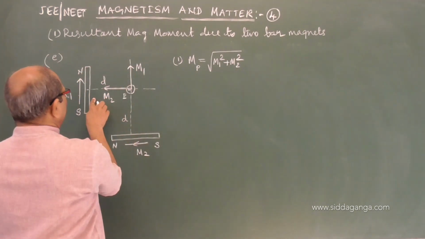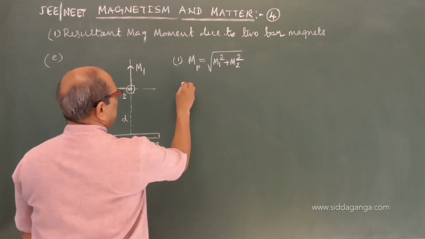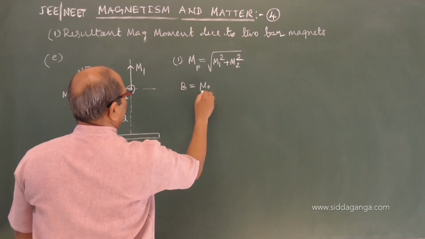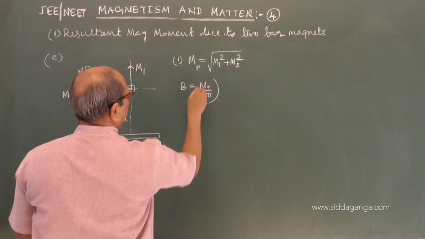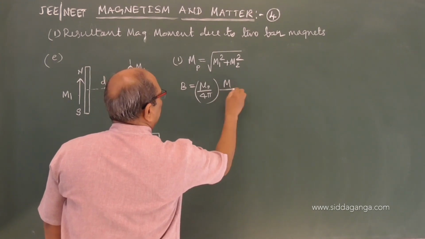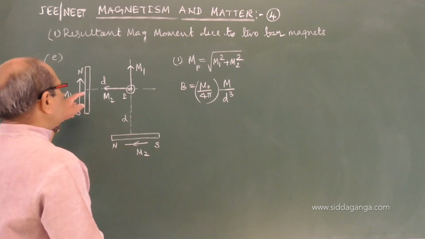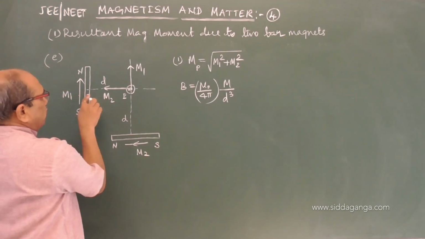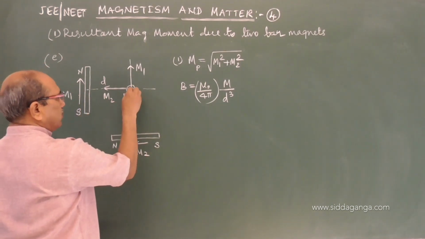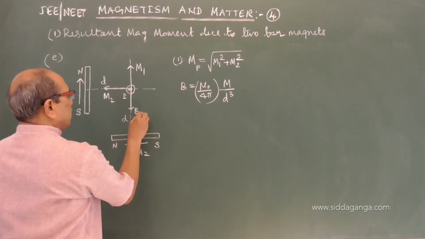If you want the field, it is the equatorial plane. In the equatorial plane, you come to know the magnetic field is mu naught upon 4 pi into M divided by d cube for short bar magnets. So the magnetic field is opposite to M1. For the first pole, the magnetic moment is acting down and the field may be B1.